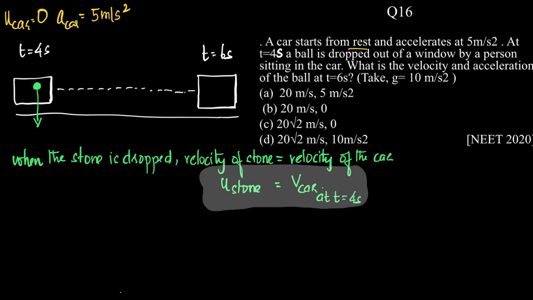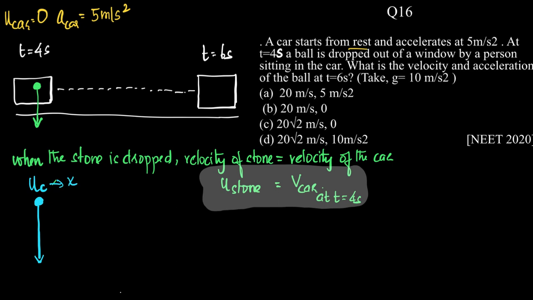Okay. Now, what we need to understand here is, when the object is dropped, it will have the velocity of the car alone. So this is how, when the object is dropped. Now, as the car leaves and as the stone is on its own, it has a velocity which is offered by the car, which is along the x direction.